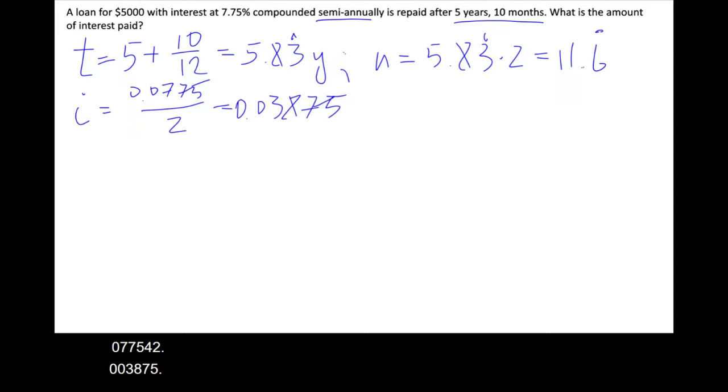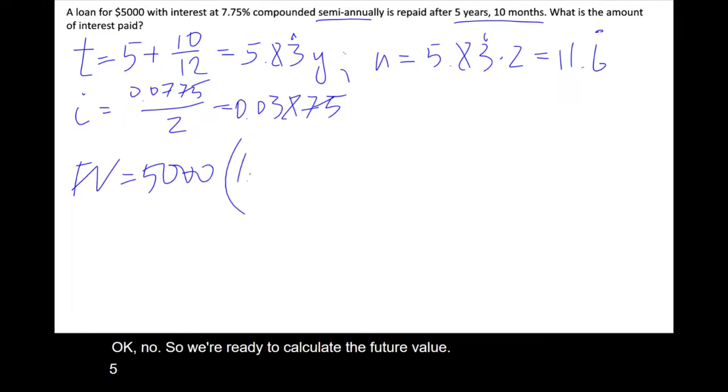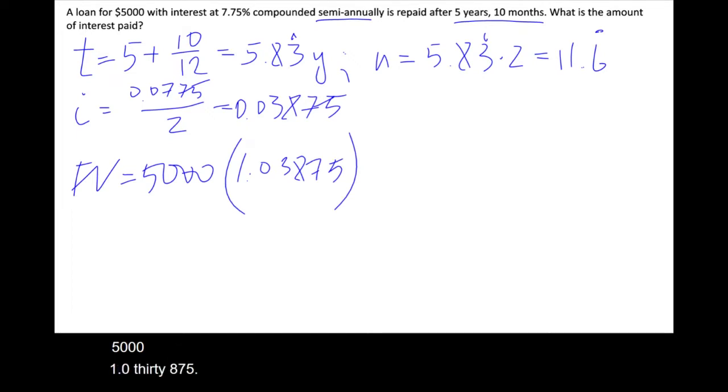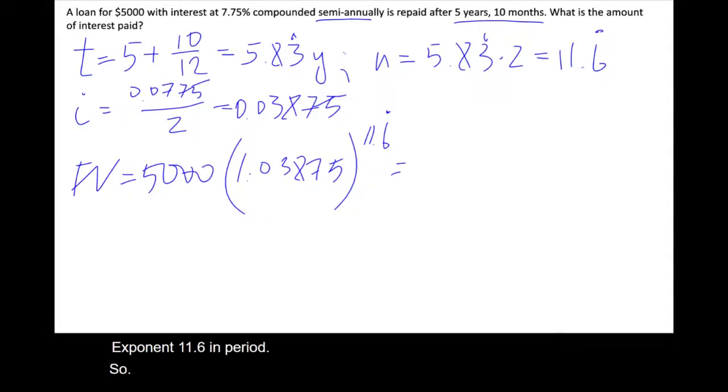Okay, now we're ready to calculate the future value. 5,000 times 1.03875 exponent 11.67 in period. So, okay, times 5,000, 7,791.10. Do you have the same future value, people?